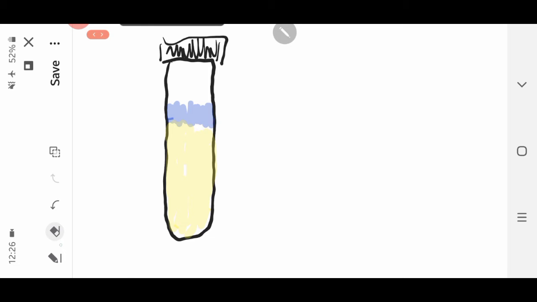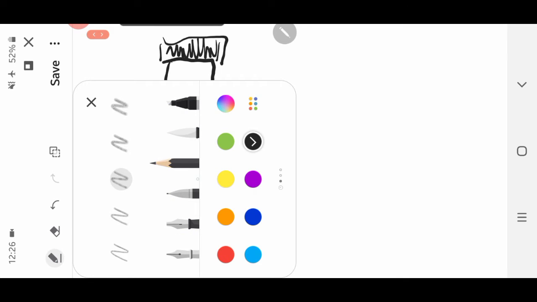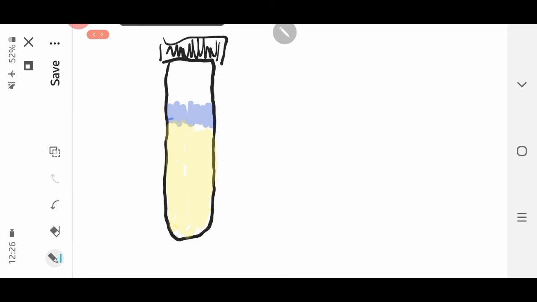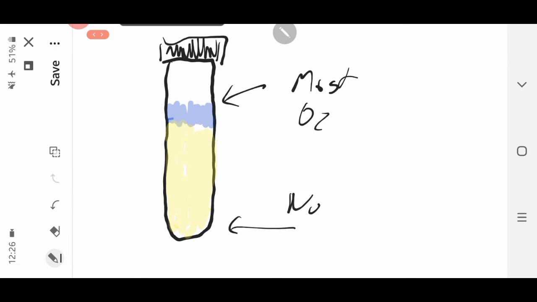Maybe there's the most oxygen up towards the top, and then down at the bottom, there's no O2. So within this tube, we have an oxygen gradient of high to low. Where our organism can grow is going to let us know about that individual organism's oxygen needs.